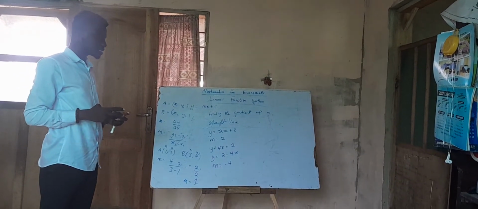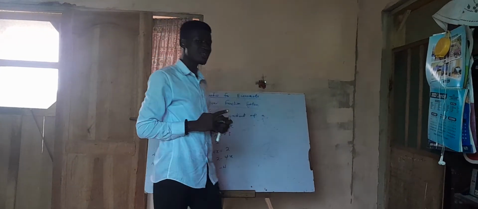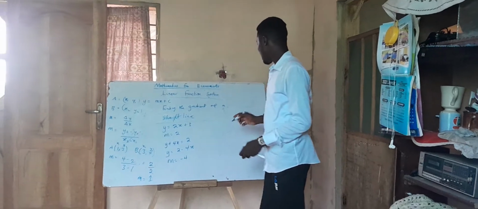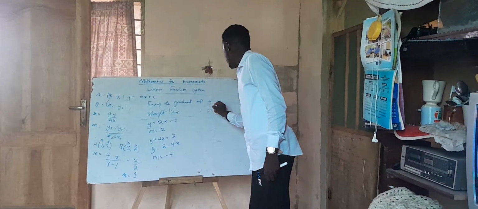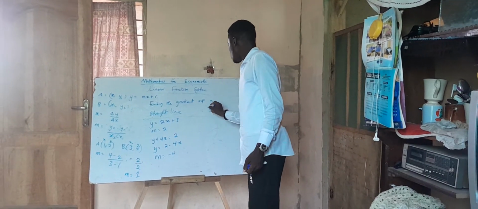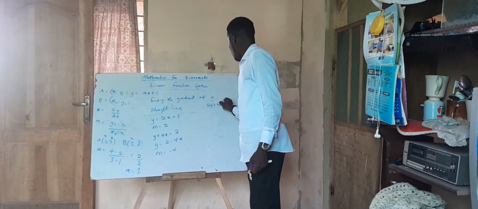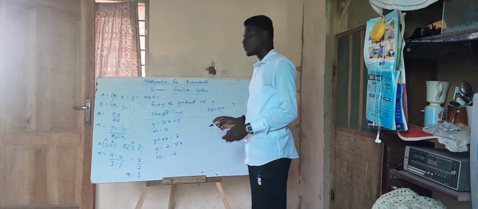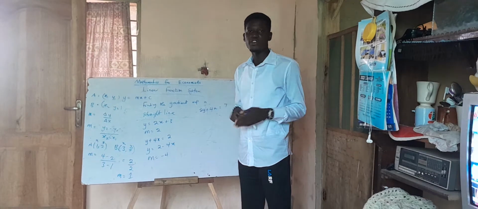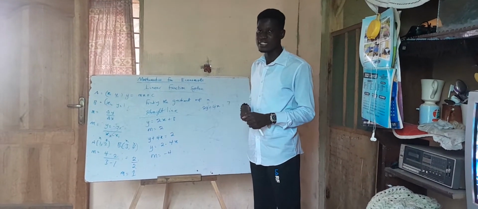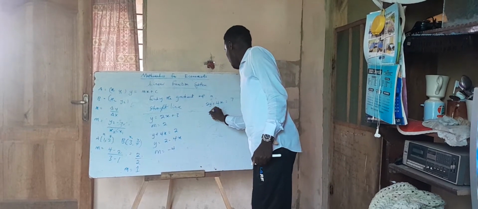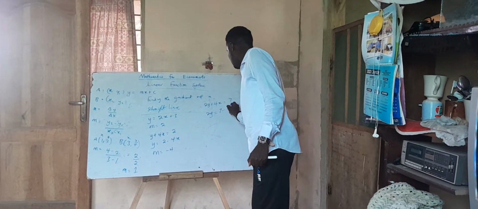This is all about the gradient. But before then, I want to take you through something. Maybe we have a fractional expression, like 2y plus 4x is equal to 7, and you have to find the gradient. The normal thing is to make y the subject, so you send the 4x to the other side. It becomes 2y is equal to 7 minus 4x.